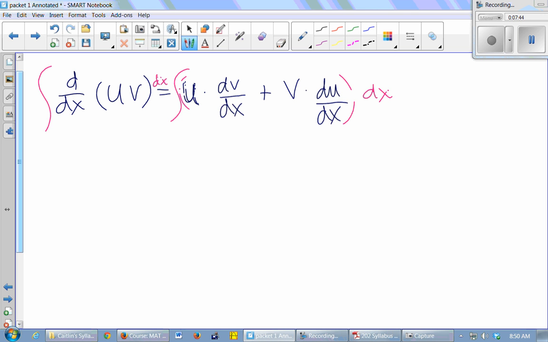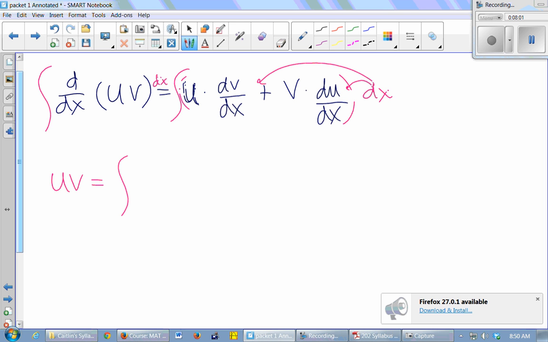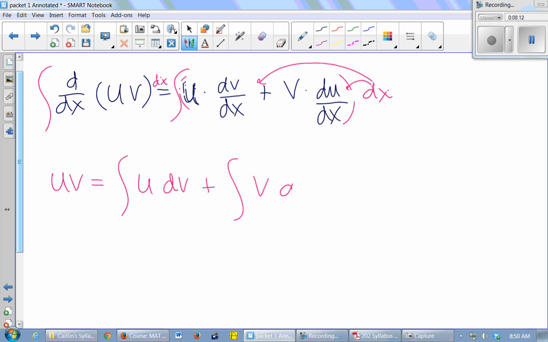Yeah, the integral and the derivative kind of cancel, and you get uv. u times v is equal to, now think of like distributing this dx here, because you always throw a dx after an integral. I'm going to distribute it, so this becomes the integral. The dx's are going to cancel, and this becomes u dv plus the integral of v du.